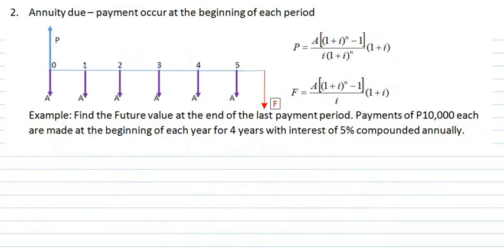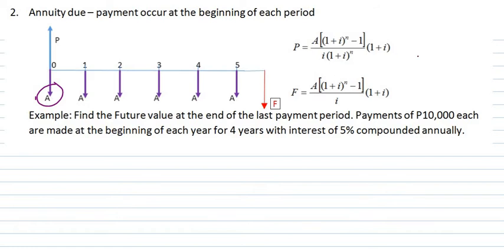Now we will proceed with the annuity due. This is another type of annuity. Payment occurs at the beginning of each period. So if you have noticed, our A is at the beginning of each period. If this is our year 0, then we have our annuity A at the beginning of each period. Unlike the previous type, the ordinary annuity, where the annuity starts at the end of the period.